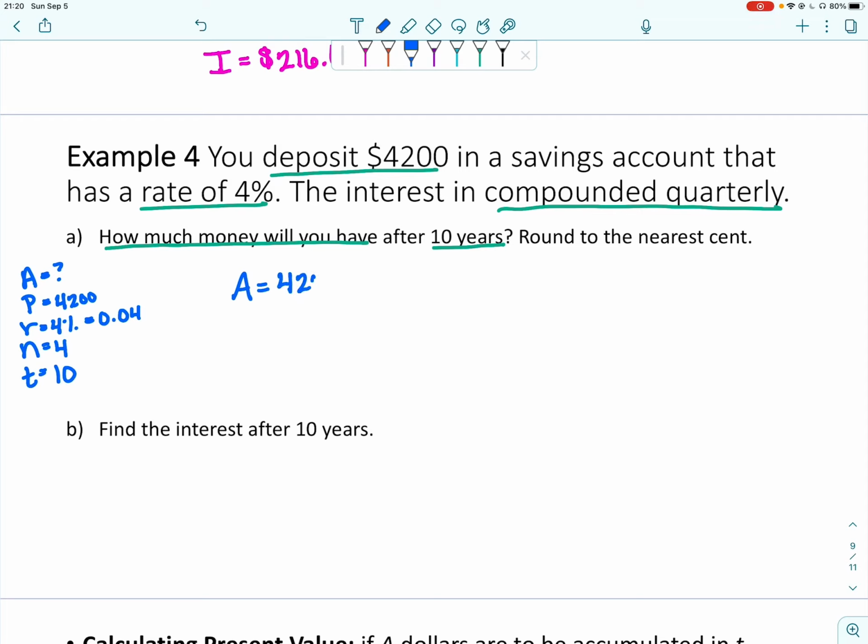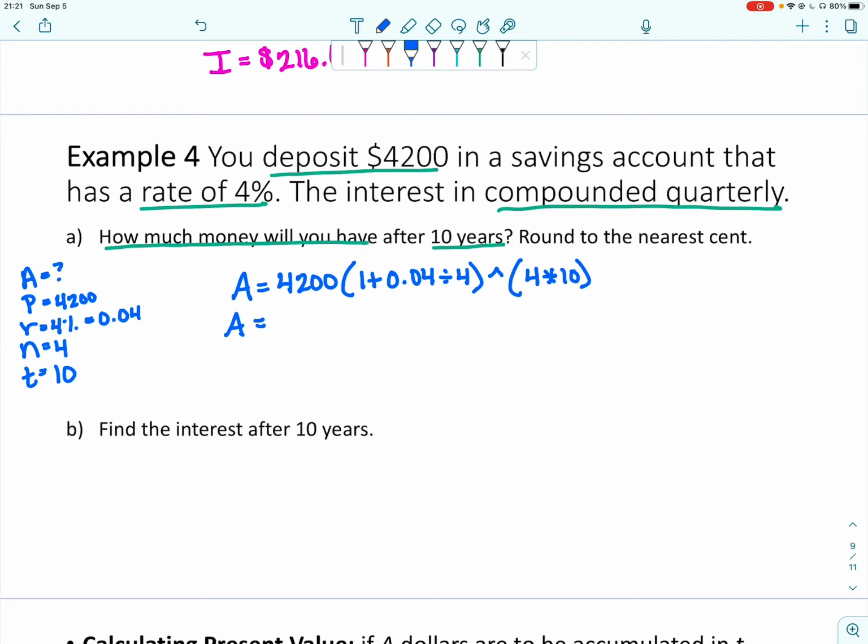So 4,200 times 1 plus 0.04 divided by 4, to the 4 times 10 power. Oops, that's not right.